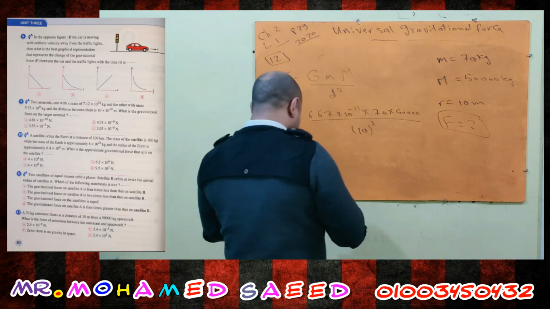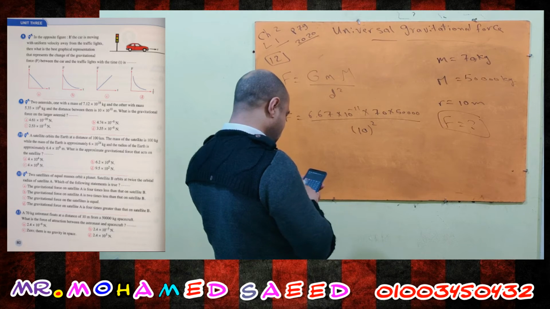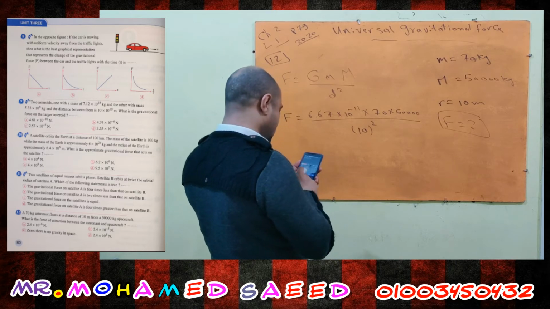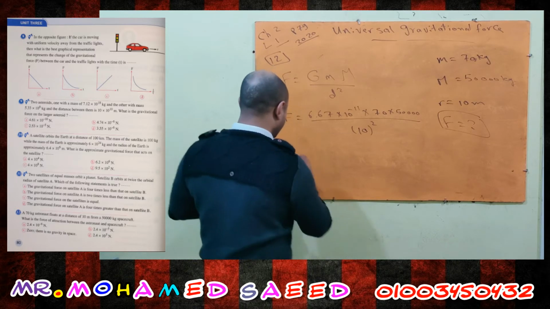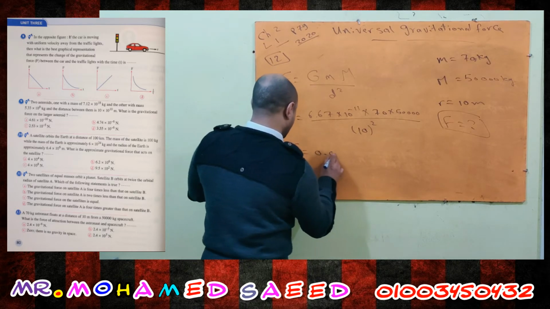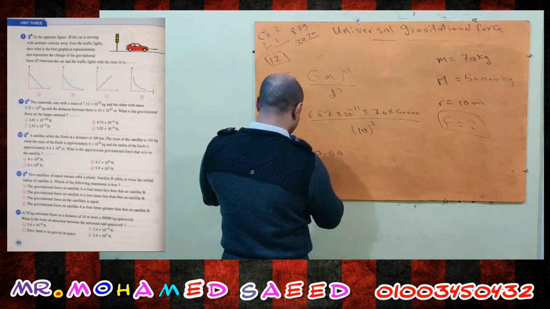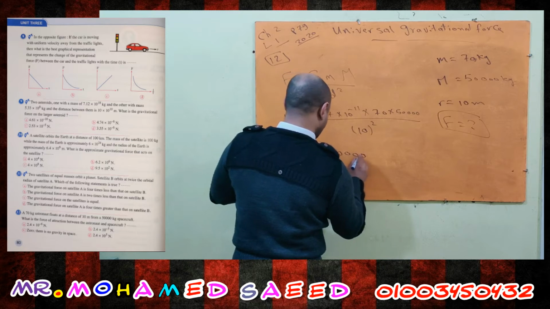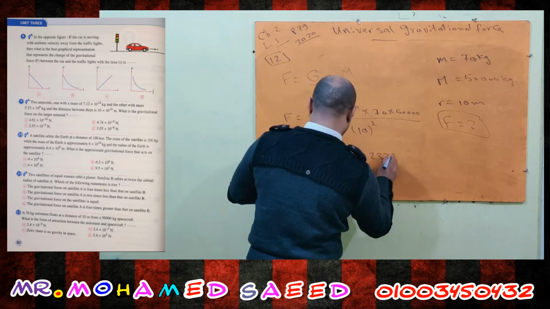Using the calculator, 6.67 times 10 to the power negative 11 times 70 times 50,000 over 100 equals 0.0000023334.